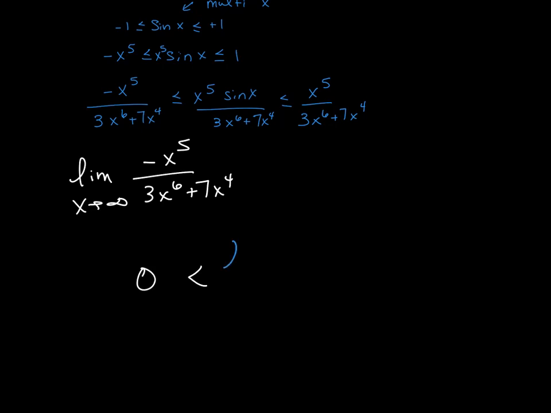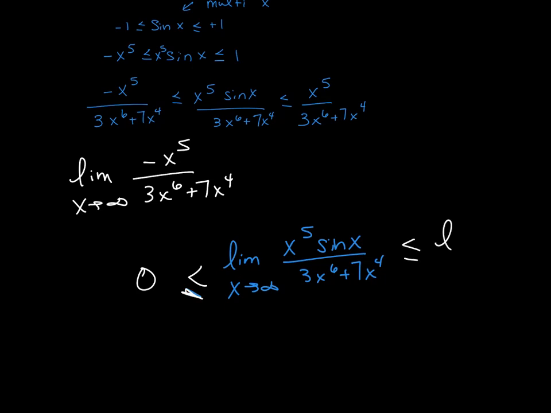Now, by the squeeze theorem, this on the inside will stay the same: the limit as x approaches infinity of x to the 5th times the sine of x all over 3x to the 6th plus 7x to the 4th is also less than or equal to the limit on this side, and that limit on this side is also equal to 0. So this entire limit is equal to 0 by the squeeze theorem.